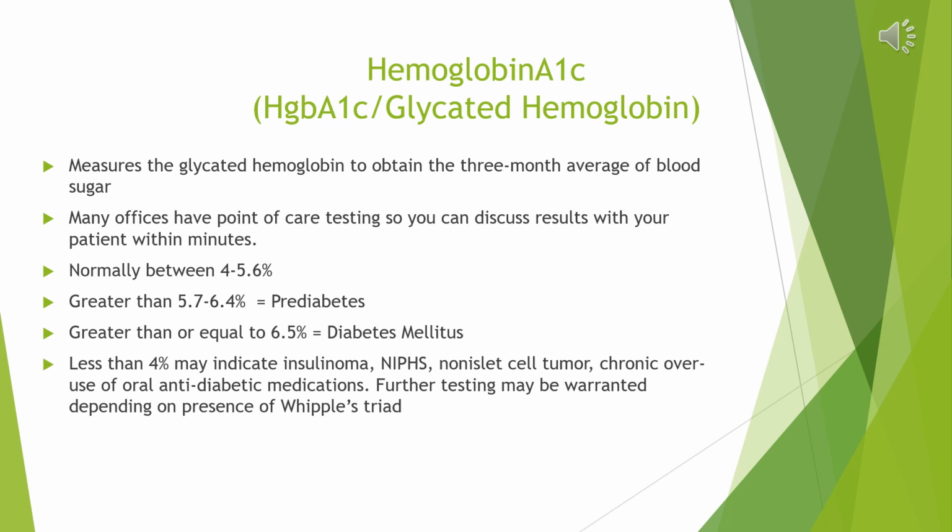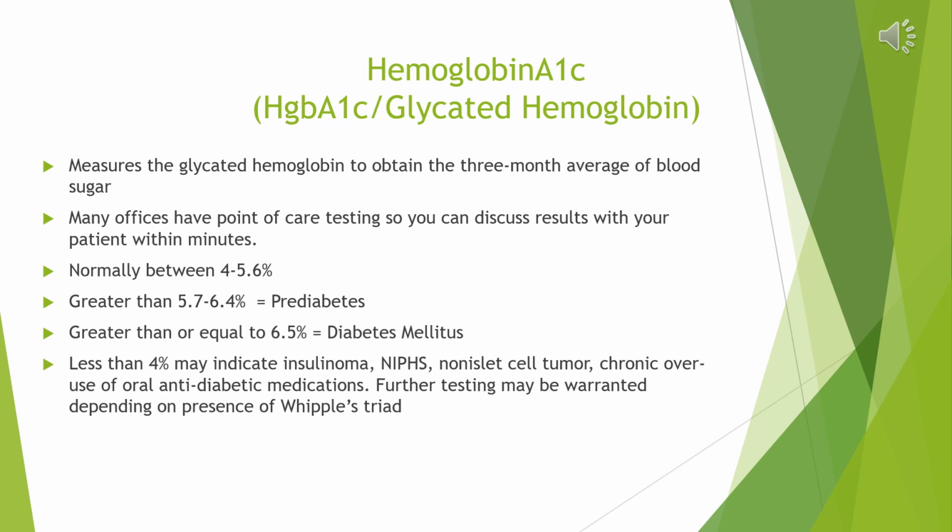If I've got a patient that has a hemoglobin A1C greater than 5.7 but less than 6.4, I'm definitely going to be doing some education with these guys, okay? I tell them, you have prediabetes. Now is the time to set yourself up for success, to set yourself up not to end up with diabetes mellitus. So, you definitely need to encourage some diet changes, an increase in exercise.